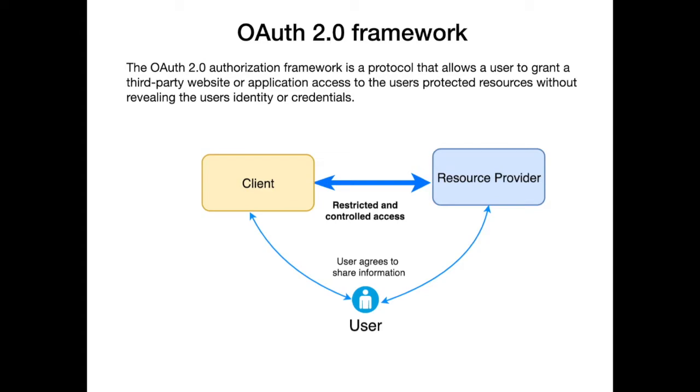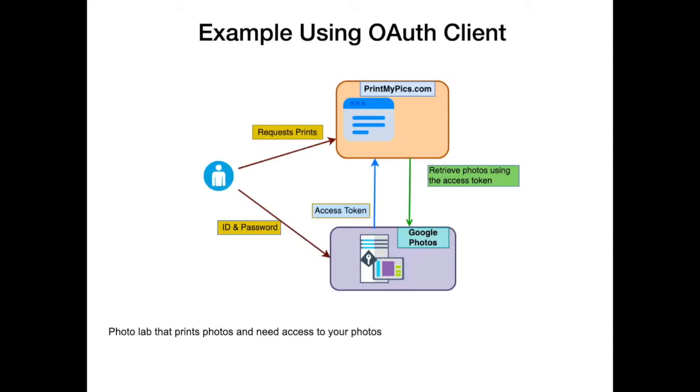That's what we see in the diagram here. The client has got restricted and controlled access to the resources of the user. The resource provider, which holds the resources on behalf of the user, will give restricted and controlled access to the client.